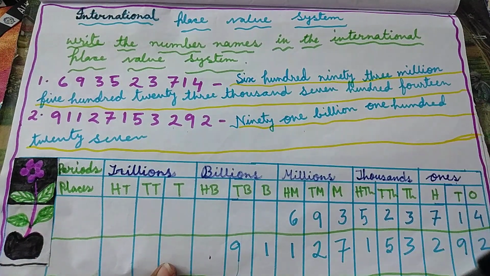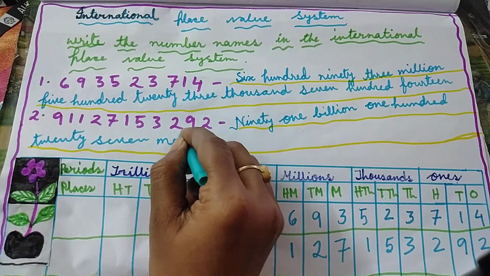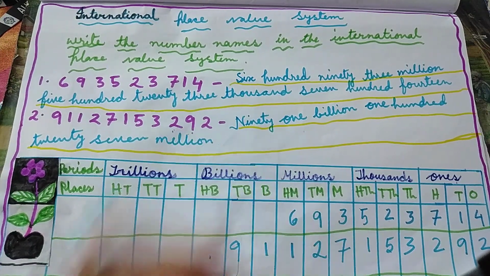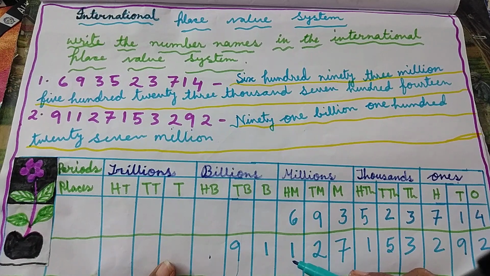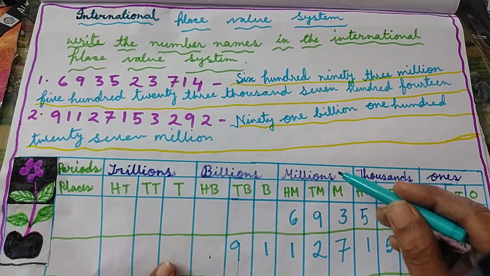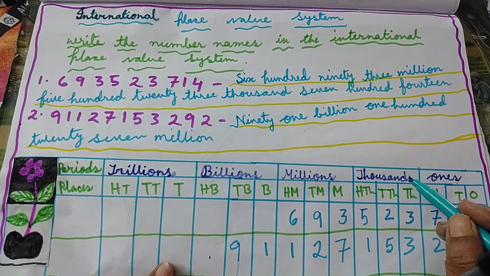Then write the period. Million. Okay. 127 million. Complete.